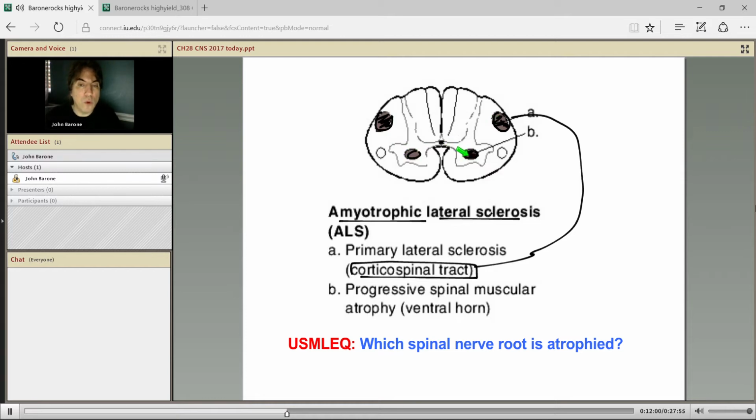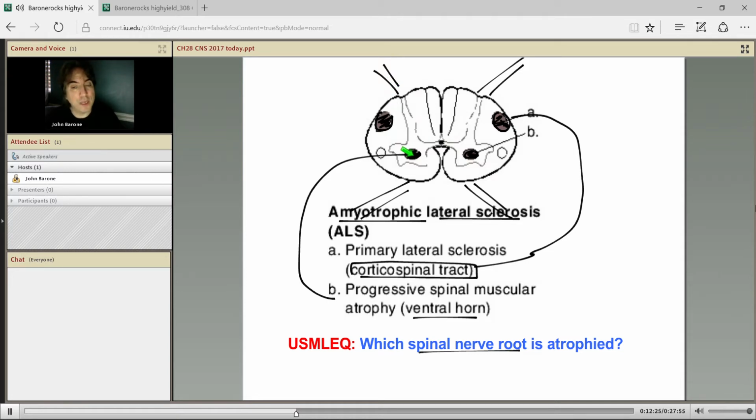Now, when the lower motor neurons die, those are the anterior or ventral horn areas. That's where you'll see the cell death. And again, that's for the lower motor neurons, so ventral horn. Now, do you remember there were spinal roots coming out here? We had a dorsal root and we had a ventral root coming out of your spinal cord. Remember there were 2 roots? All right, now they're going to ask you which root is going to atrophy. Well, let's see.